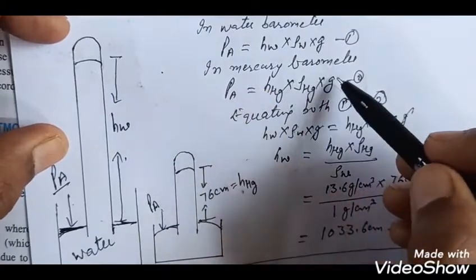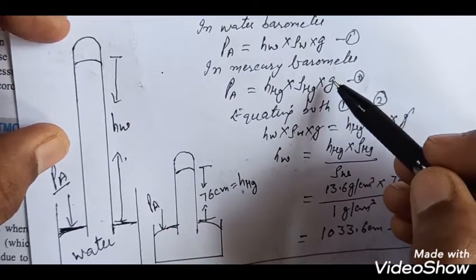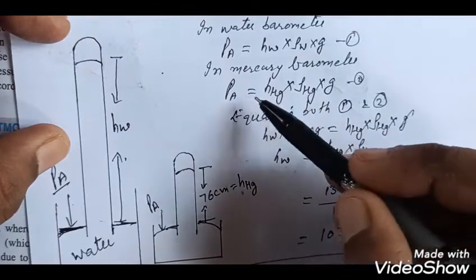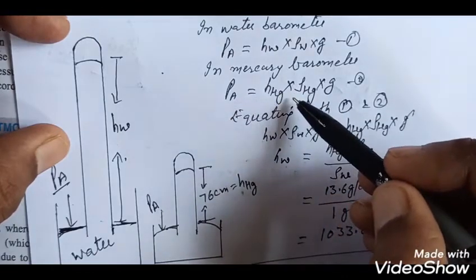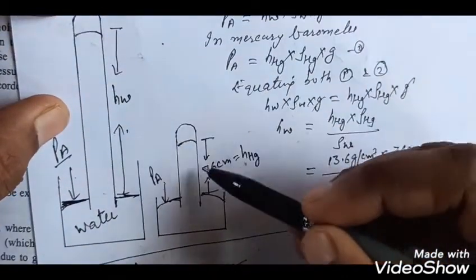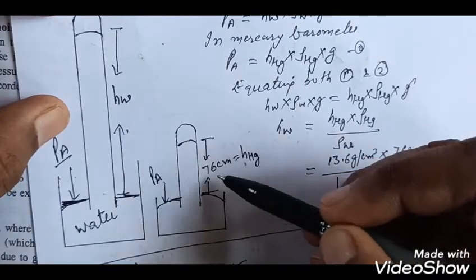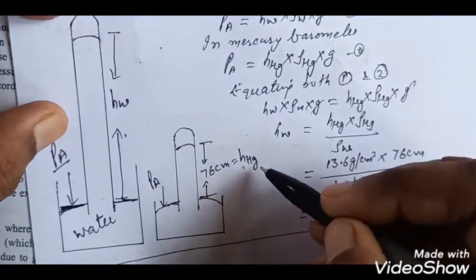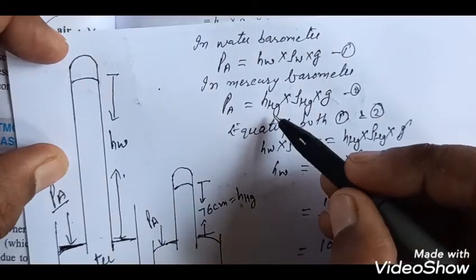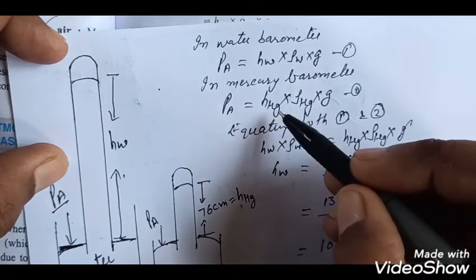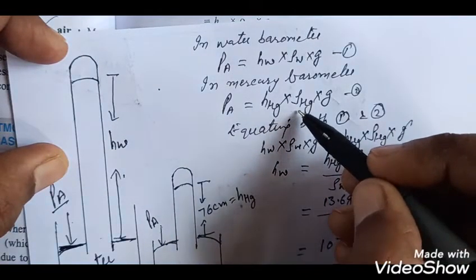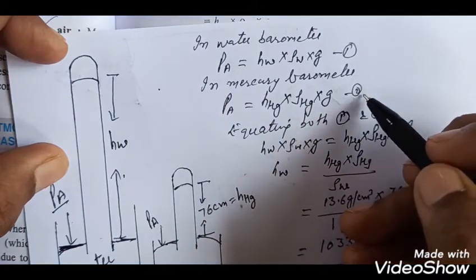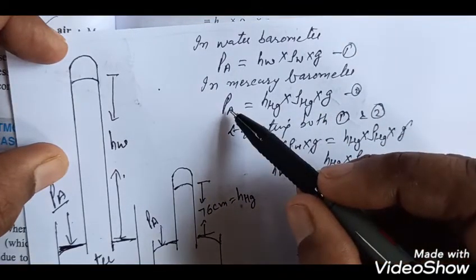In the mercury barometer, how do you get the atmospheric pressure? Atmospheric pressure will be equal to the pressure exerted by the 76 centimeter mercury level, and suppose this height is H mercury. Again the formula is h rho g, but here height of mercury into density of mercury into g. This equation also gives us atmospheric pressure.